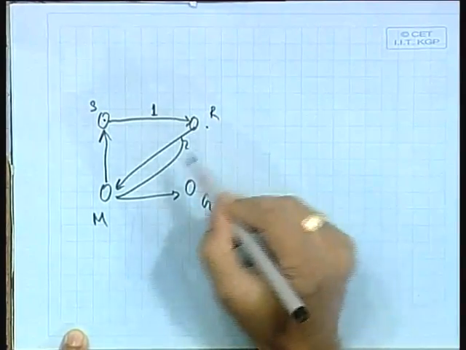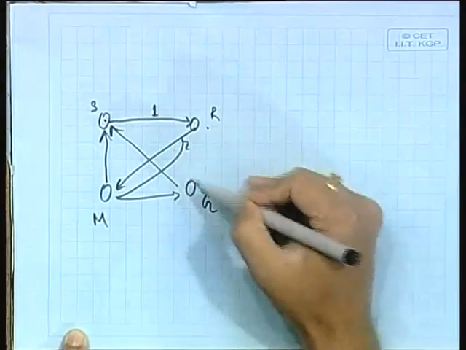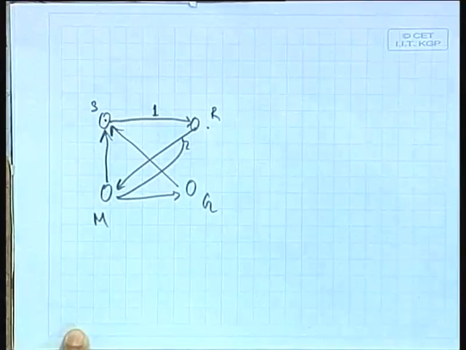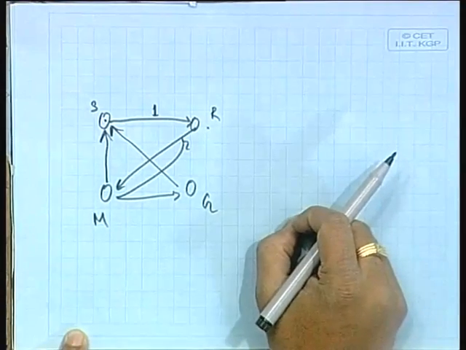Now, it does not matter whether it was previously in Ma, or suppose there is an edge here, it was in Ka. So, the history does not matter. It is only the immediate past that controls where the random walker will go in the next step. Such processes, which do not have a memory, are called memoryless processes or historyless processes. These are called Markov processes.